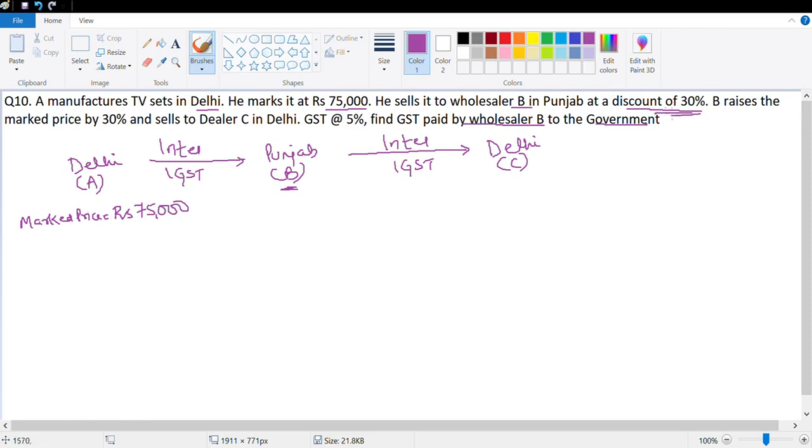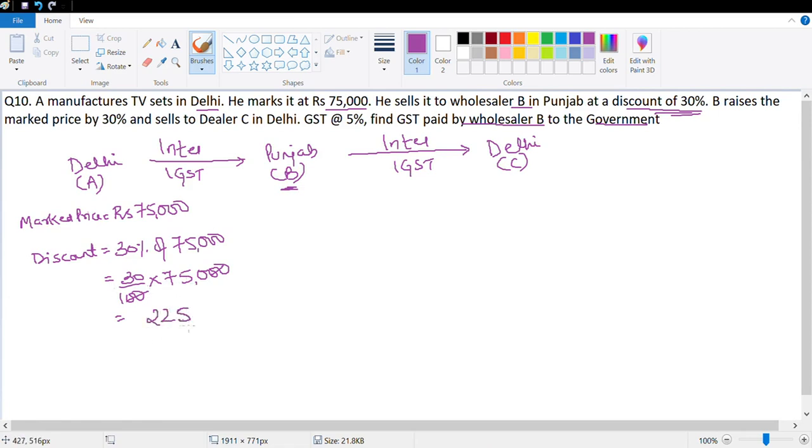No, he gives a discount of 30%. So discount is equal to 30% of 75,000, which is equal to 30 upon 100 into 75,000. You can directly calculate the remaining of the selling price as 70% of 75,000. I'm just calculating the discount as well. So 75 into 3, that's 210, and 15, that's 225.